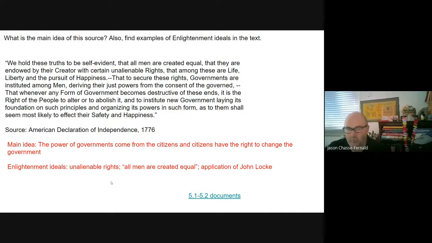You could have gone one of a couple of ways, but the stronger way to go here would be the application of John Locke. Keep in mind, both John Locke and Jean-Jacques Rousseau are known for a piece called the social contract. Both say that there is a social contract that exists between the people and the government, but there is a difference in the justification provided for the overthrow of that government if a breach is made.